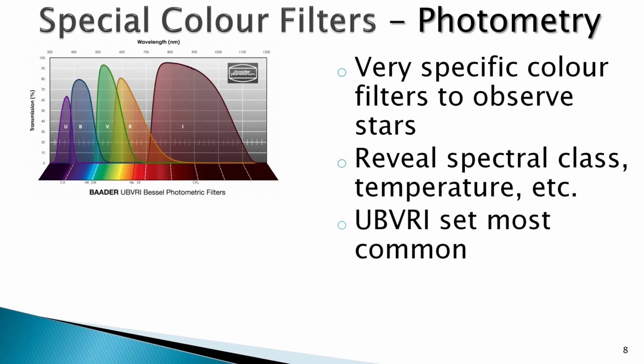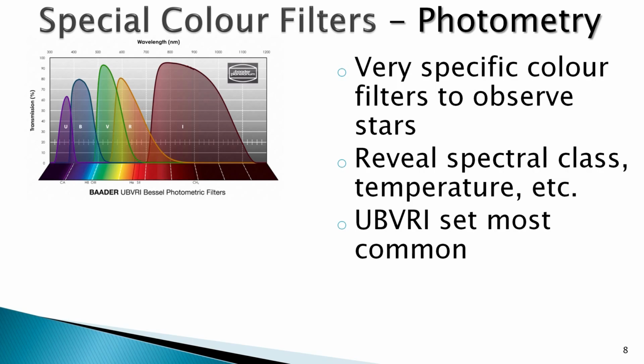The most commonly used filter set for photometry is the UBVRI set, the letters denoting the color of each filter in the set, so ultraviolet, blue, visual band, which is centered on green, red, and infrared. These filters started being used for the purpose in the early 1950s by professional American astronomers Harold Johnson and William Morgan.